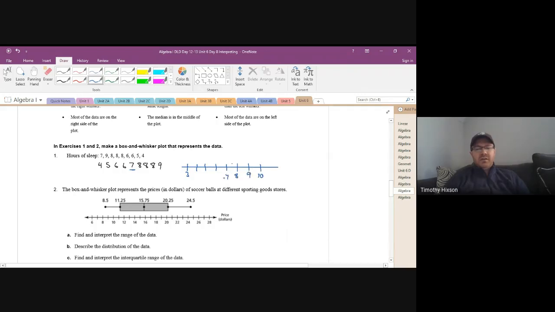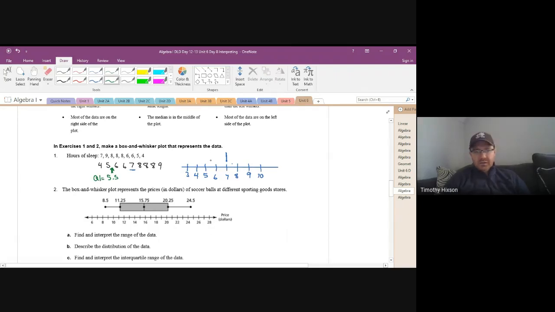Just drawing this number line and making our box plot. So there's 7. There's our median. If I look at this data down here, I can see that Q1 is going to occur between 5 and 6. All right. So halfway between 5 and 6 is 5.5. That is my Q1.